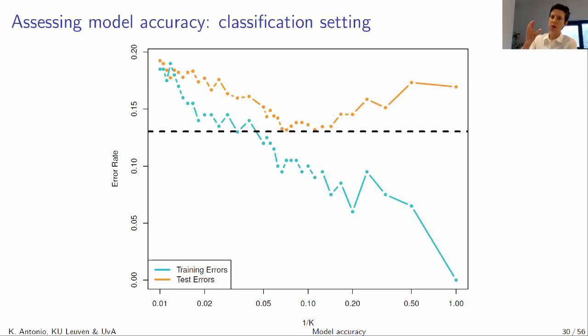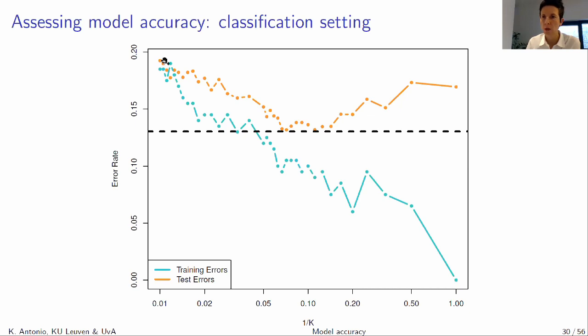And if k becomes very large, then for k nearest neighbor classification you're basically going to use the whole data set and just see empirically how many times did I see the orange label, how many times did I see the blue label, and you're going to use these very rough probabilities over the whole data set available, right? So with 1 over k going to 0, you are underfitting.